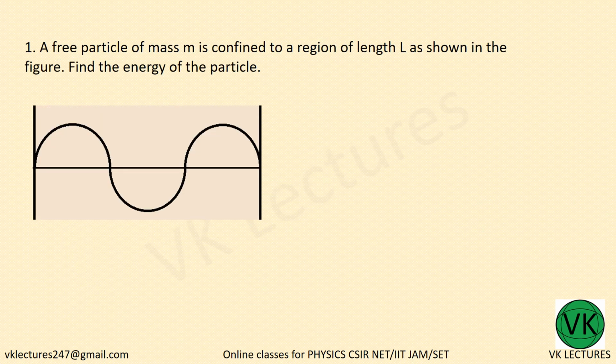A free particle of mass m is confined to a region of length L, from 0 to L. Free particle means potential is 0. Find the energy of the particle. Energy is kinetic energy plus potential energy. Potential energy is 0, so we need the kinetic energy, which is p square divided by 2m. So we need to find p square.